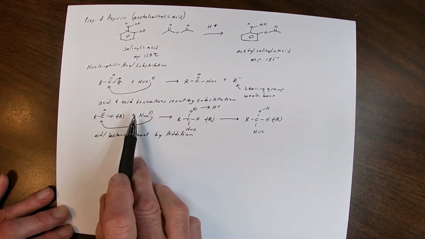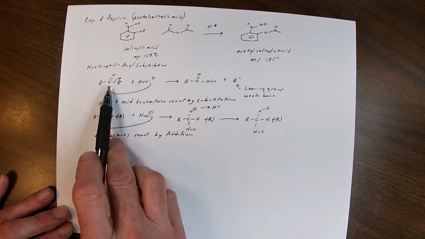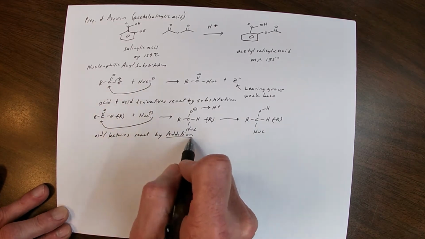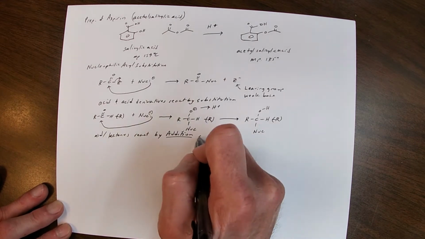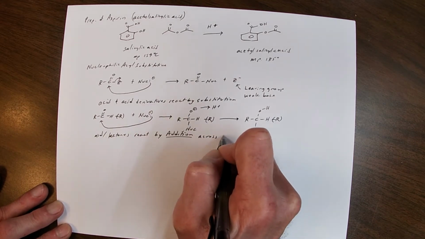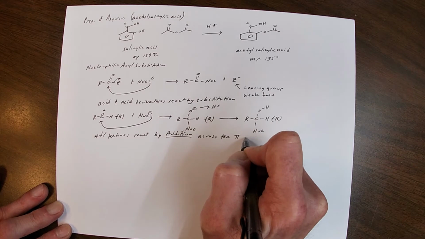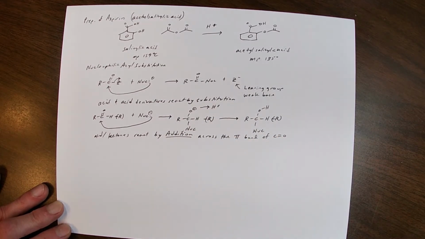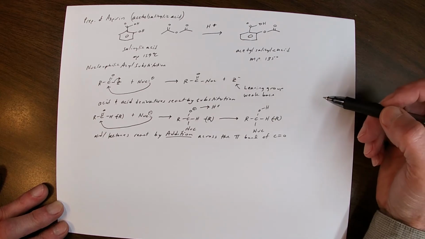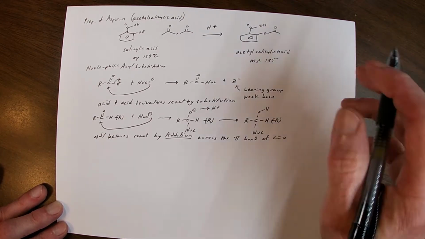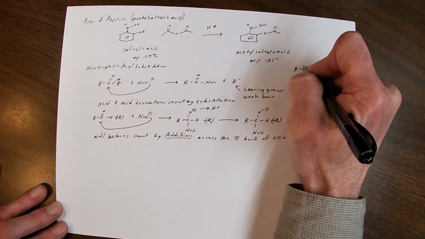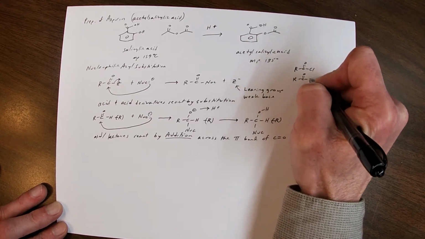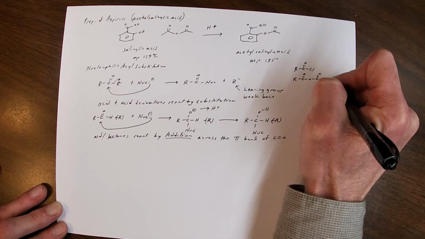So acids and acid derivatives react by nucleophilic acyl substitution. Aldehydes and ketones react by nucleophilic addition, again across the pi bond of this carbonyl.